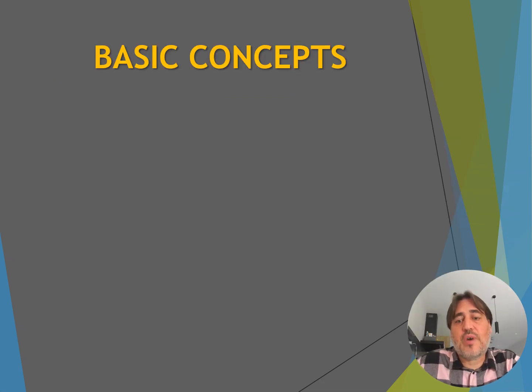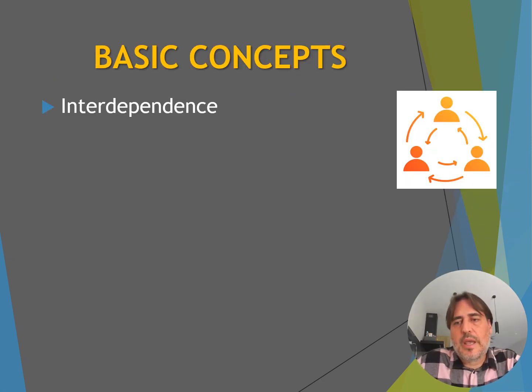Let's start defining what is a game. A game is an interaction between two or more people. That is, a situation in which the well-being or utility of each one depends not only on their own decisions, but also on the decisions of others. We can think of many real-life examples.